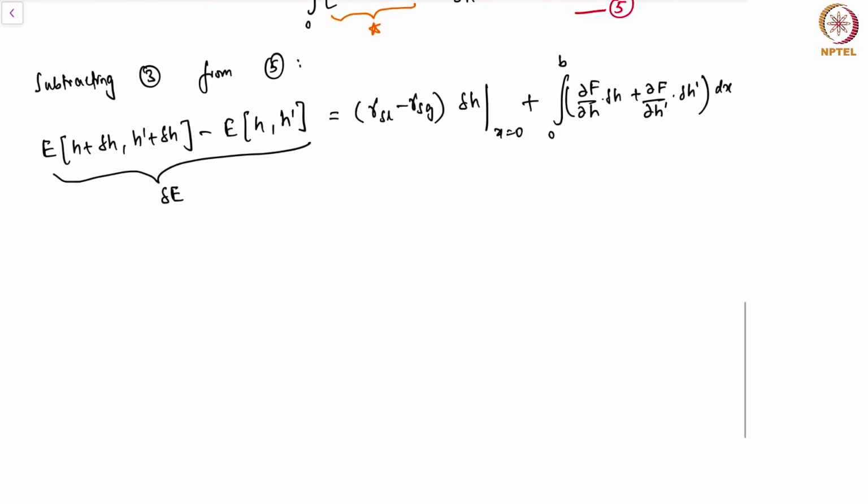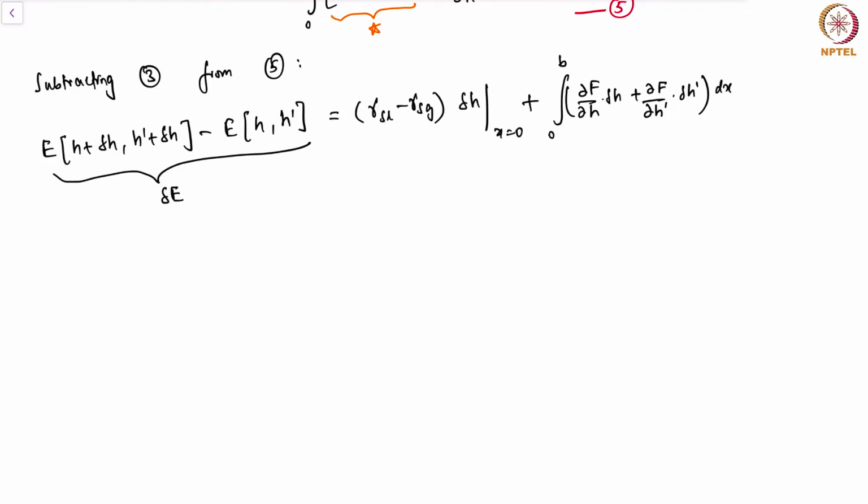So we want to minimize the energy. In other words, when delta h goes to 0, meaning the variations of the interface shape about the extremal shape h of x go to 0, then this delta E goes to 0.